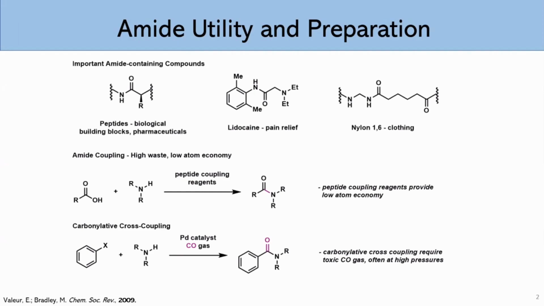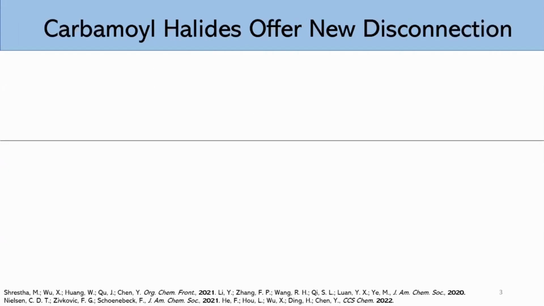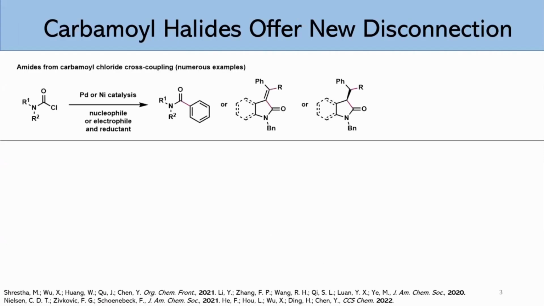If we analyze these two methods, the bond disconnection is highlighted in purple. In the peptide coupling route, you are forming this carbon-nitrogen bond, whereas in the carbonylative cross-coupling route, you're forming both of these bonds around the carbon at the same time. What has emerged in the last 10 years or so is a different bond disconnection, of the carbon-carbon bond of the amide, which has been explored through the use of carbamoyl electrophiles.